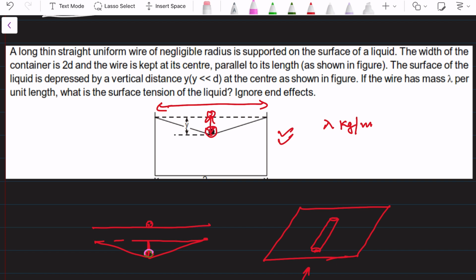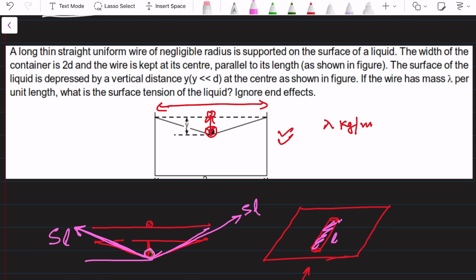The forces acting on it are, again I am taking the contact angle 0, the surface tension force. Anyway, here contact angle is not mentioned, that's why we can take S into L. If L is the length of this wire, then S into L this side, SL this side.